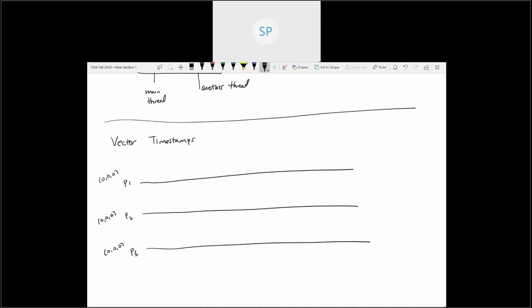So let me draw my little picture of the execution here. Okay, so there's the execution.